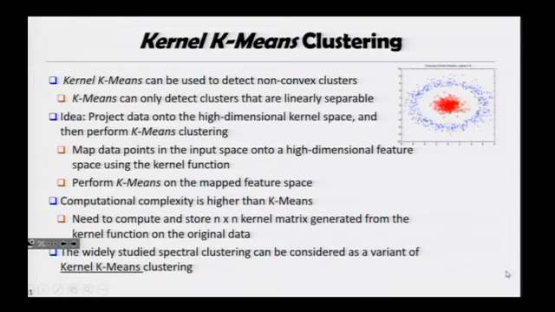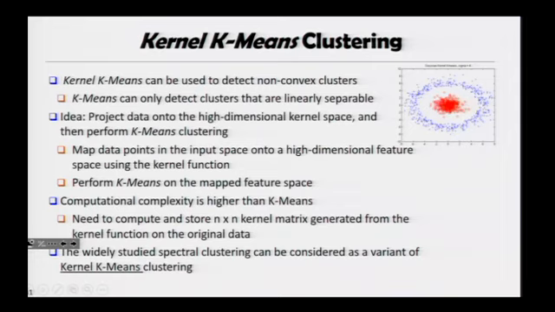So the basic process is that they map these data points from the original input space into some high-dimensional feature space using a kernel function as a transformation, and then they can use exactly the same original k-means algorithm over the transformed data representation. It turns out that on the transformed space, k-means works pretty well. But there is also some extra burden when you resort to this kernel method.